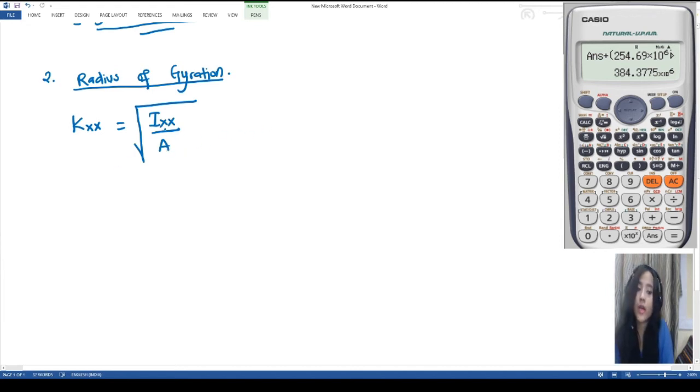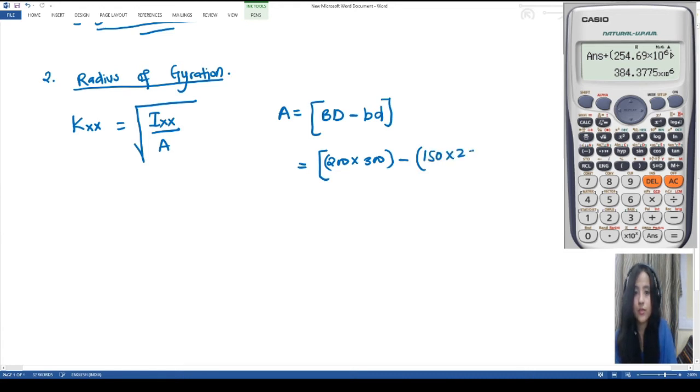Now I have already found Ixx and Iyy, so all I need to find is the area of this hollow rectangular section. So the area will be equal to area of outer rectangle minus area of the inner rectangle, right? So how much was B? B was 200 into D was 300 for the external rectangle, minus B here was 150 into D was 250, right? So this is area.